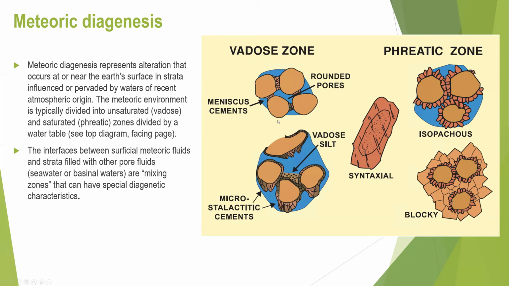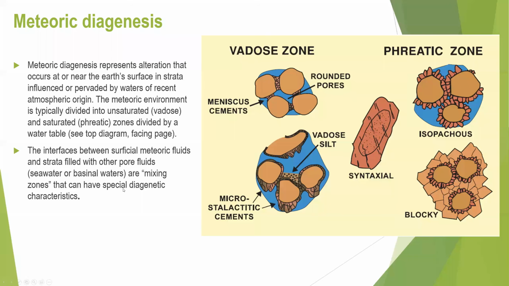We can see cementation just at the contact of the grains. But in the phreatic zone, below the water table, because the pore system is filled with water, we can see blocky cement or isopachous type of cement.